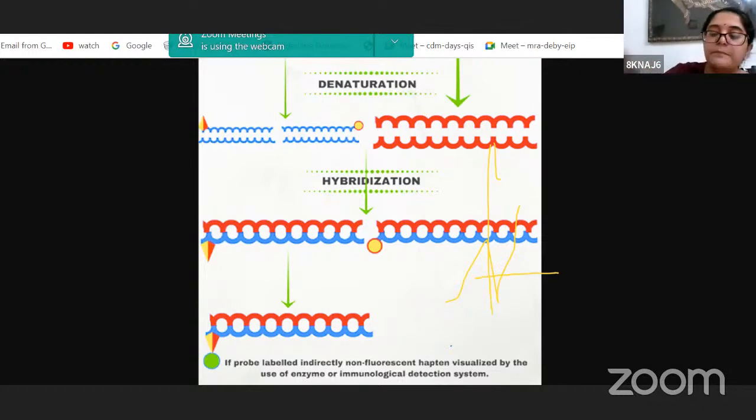In telocentric, the centromere is present completely at the tip, so you have two independent sister chromatids attached only at one end, the telomeric end. We have done this. Now I need to start the classification of the chromosomes depending upon the groups, and then the karyotyping. I will do this in the next class.